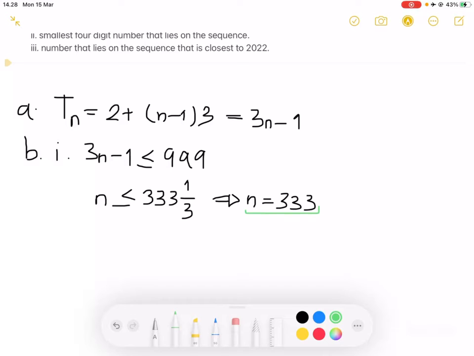Therefore, we can substitute this back into the equation, and the nth term, which is the largest 3-digit number that lies on this sequence, will be 998.